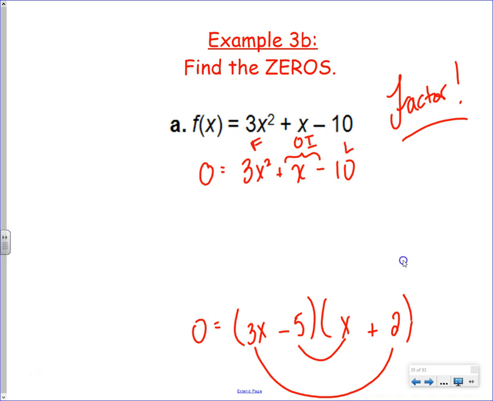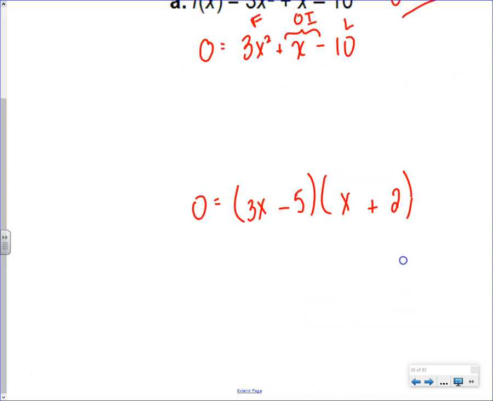Now, at this point, we can double check with what you guys just wrote down from looking at the graph. How would we finish solving this problem? When you have factors equal to 0, you have to set each factor equal to 0 and solve.